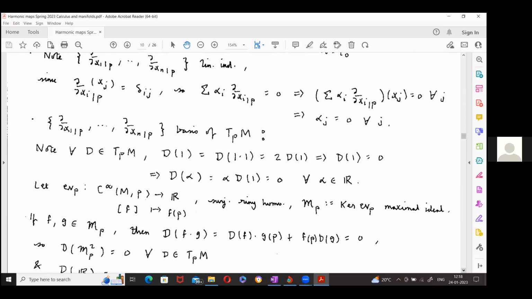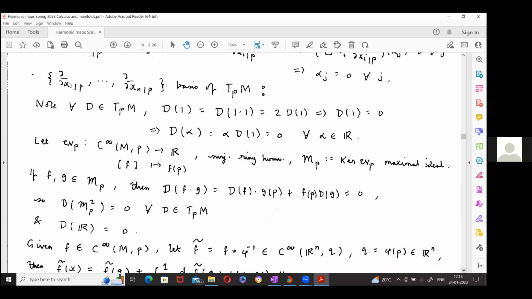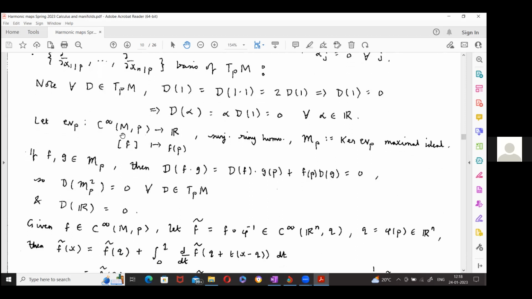Now, we can also do the following. On this ring of germs of smooth functions at P, I have this evaluation homomorphism at P. A germ f goes to its value at P, f of P. So this is a ring homomorphism from the ring of germs to the real line.